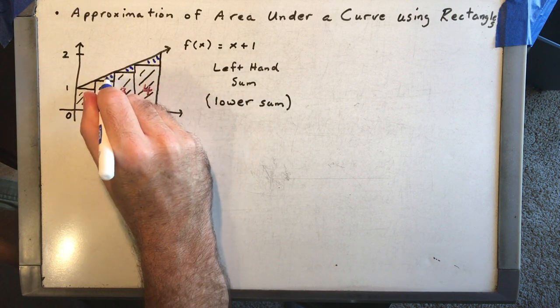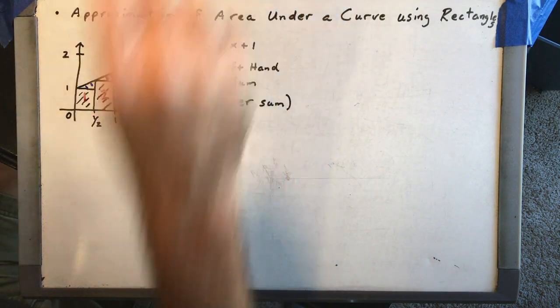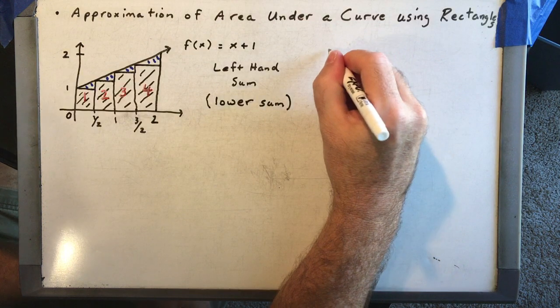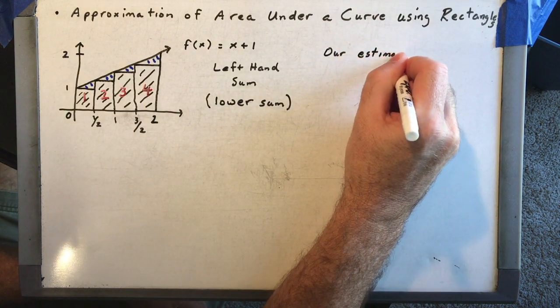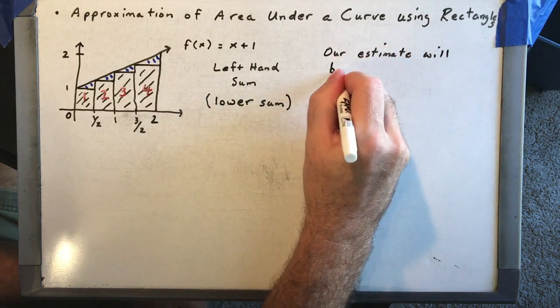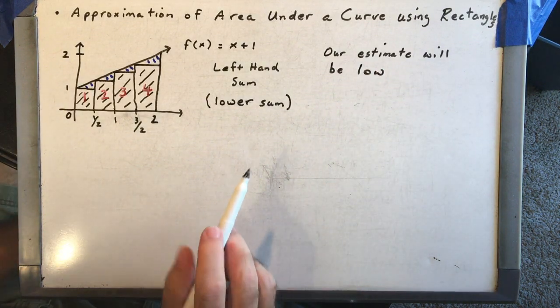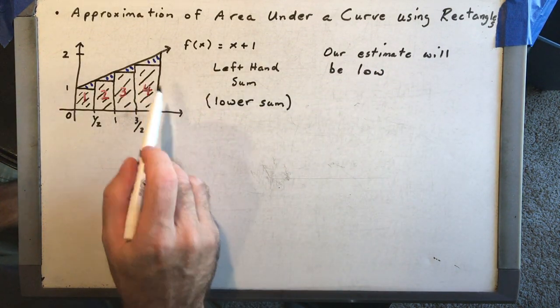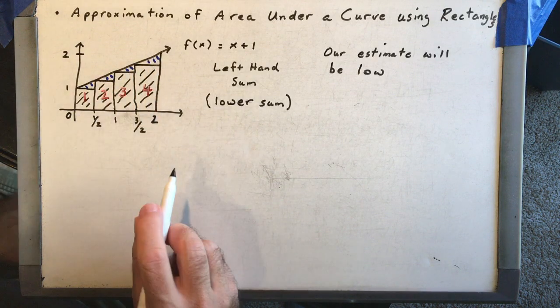So our estimate is going to be too low. Our estimate will be under the actual because our rectangles don't go up all the way to the line. We're leaving out this area in blue, but that's okay.